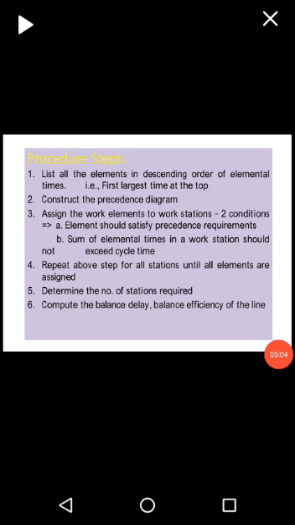The last one is to compute the balance delay and balance efficiency of the line. What are balance delay and balance efficiency? Already we learnt in class 1 their definitions, problems and terminologies. Once again I am stressing that the terminologies are very much important to solve this problem, and this is one of the easiest modules.